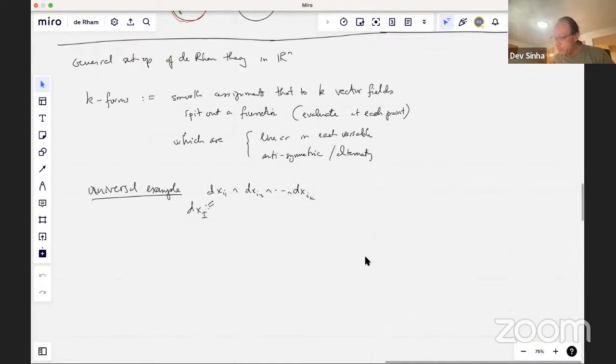I can take this as a definition, up to sign: project onto the span of the corresponding unit vectors, and take k-dimensional volume.